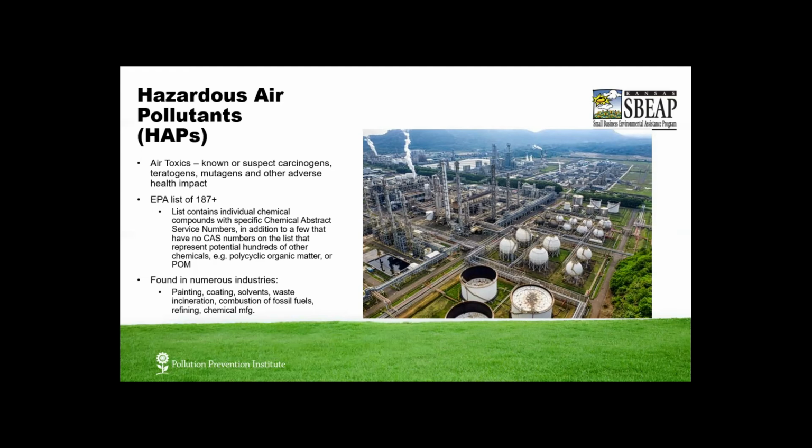Currently, EPA and KDHE maintain a list of 187 individual and classes of toxic air pollutants. Some examples of hazardous air pollutants are benzene, toluene, perchloroethylene, and metals such as chromium, cadmium, manganese, and lead. HAPs can be emitted from various industrial processes, including combustion of fossil fuels, and are found in paints, coatings, and solvents used widely by industry.